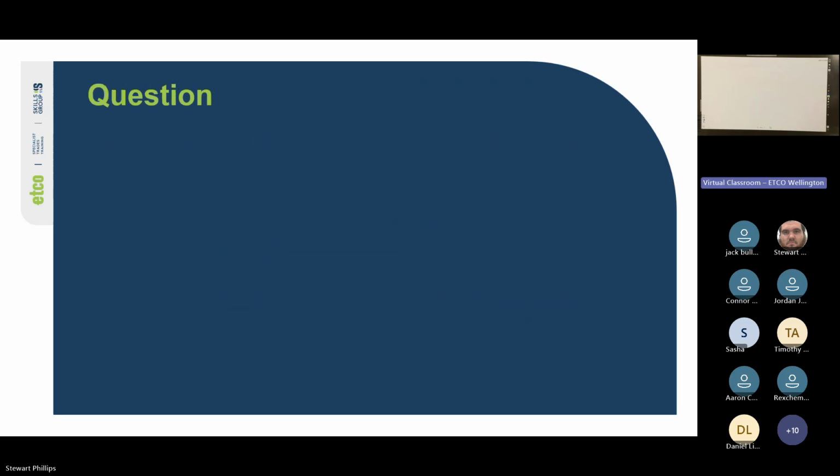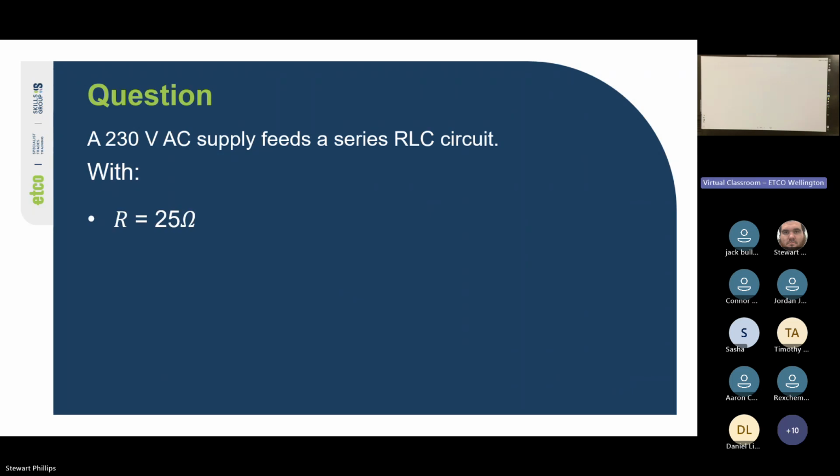So, the question. A 230-volt AC supply feeds a series RLC circuit with a resistance of 25 ohms, an inductive reactance of 40 ohms, and a capacitive reactance of 30 ohms.